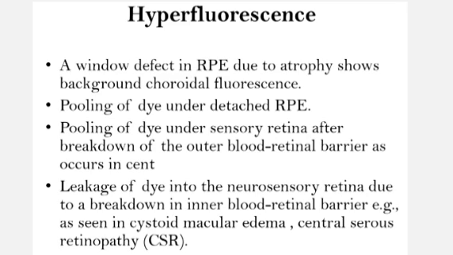Pooling of dye under the sensory retina after the breakdown of the outer blood retinal barrier, as occurs in CSR. Leakage of dye into the neurosensory retina due to breakdown of the inner blood retinal barrier, as seen in cystoid macular edema and central serous retinopathy. This is hyperfluorescence.